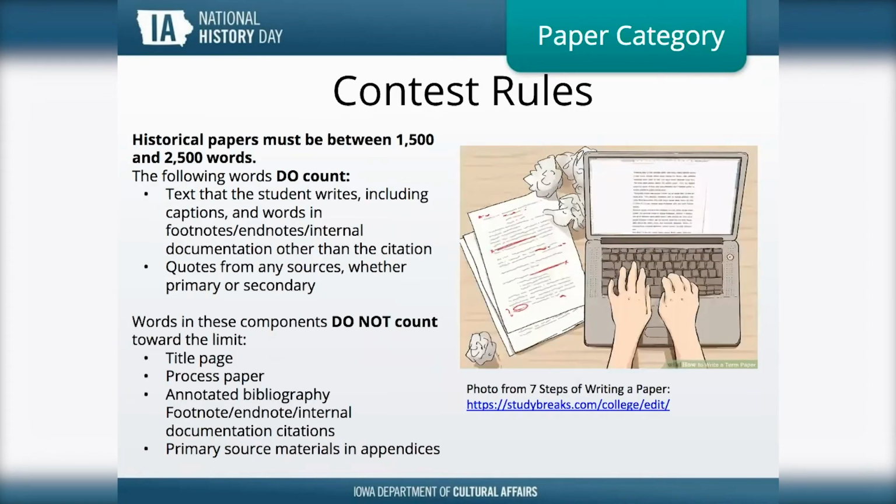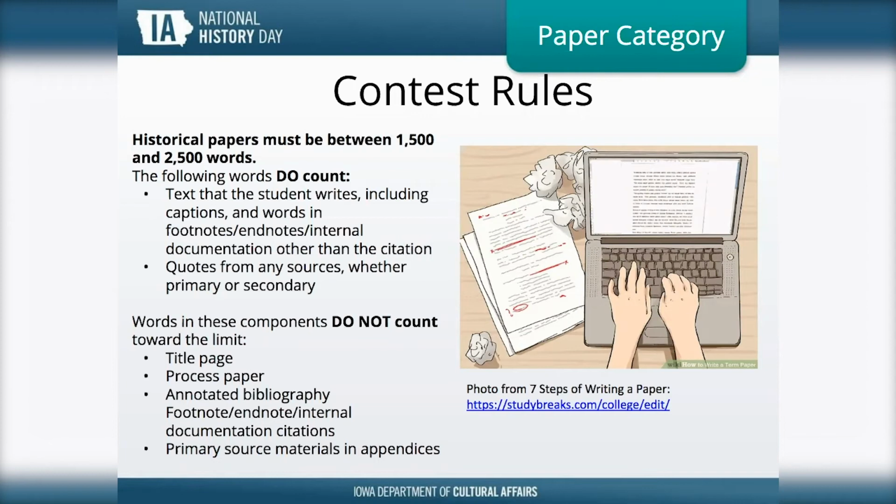All right, and now we're going to dive into the contest rules. Historical papers must be between 1,500 to 2,500 words. The following words do count in the paper: text that the student writes, including captions, footnotes, endnotes, internal documentation other than the citation, and quotes from any sources, whether they are primary or secondary.